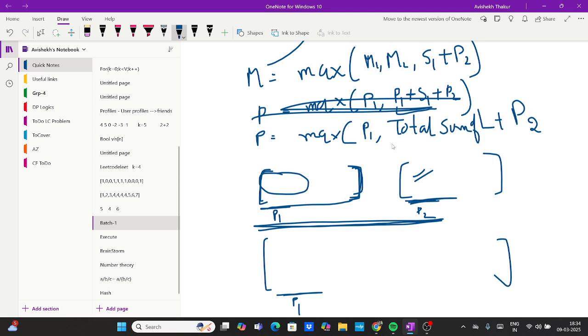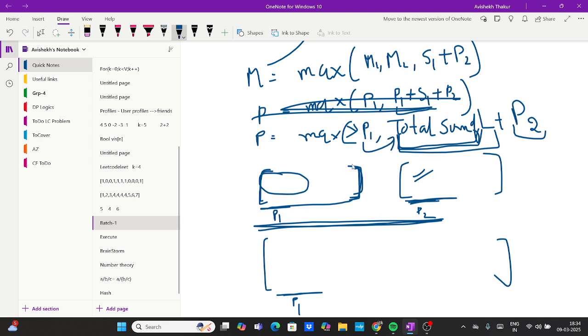In that case, what you are saying is total sum is positive, P2 is negative, right? If total sum is positive, P1 also will be positive, and P1 is the maximum prefix sum, so it is nothing but the total sum only.